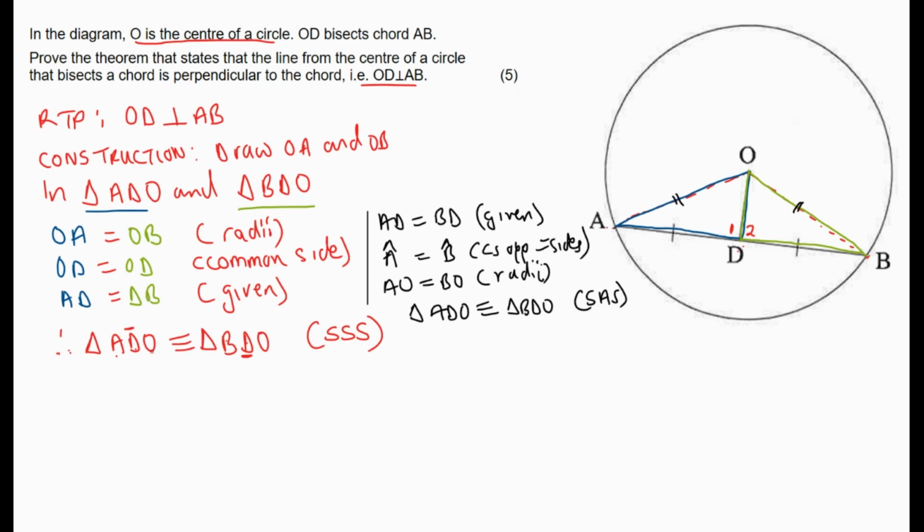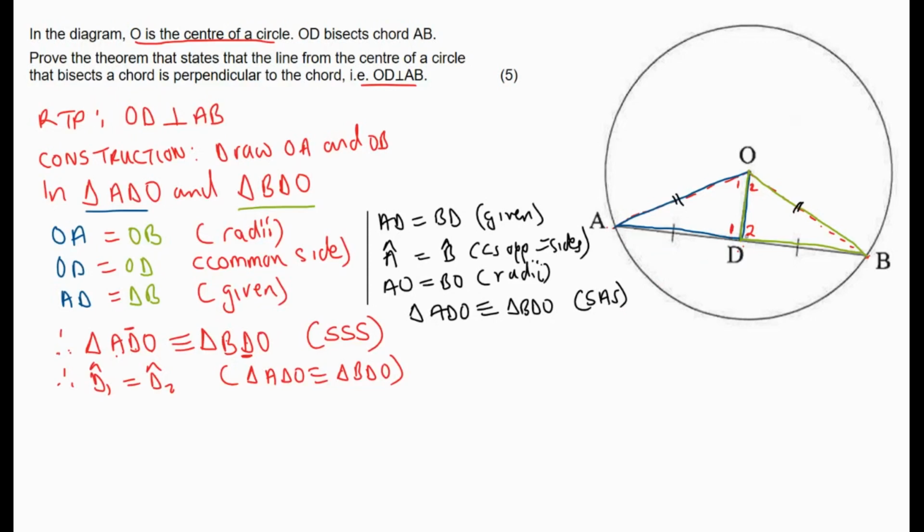And angle O, let's call it angle O1, is equal to angle O2. That's what it means from congruency. So from congruency, we can conclude and say, therefore, angle D1 is equal to angle D2, because triangle ADO is congruent to triangle BDO. Or you can write the word congruency, that is still okay.